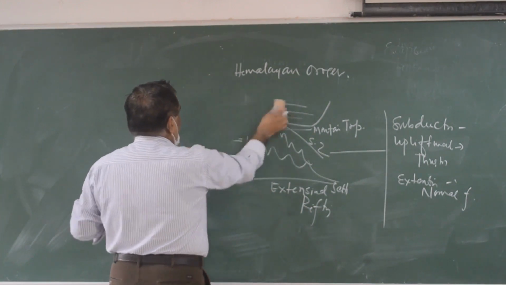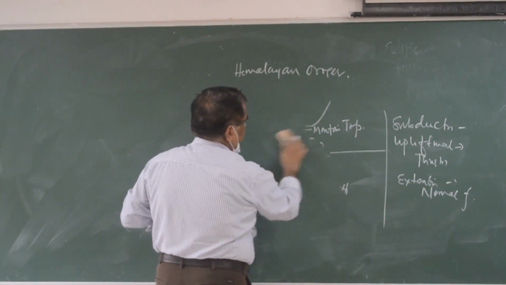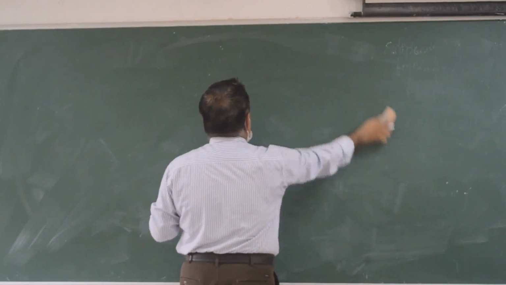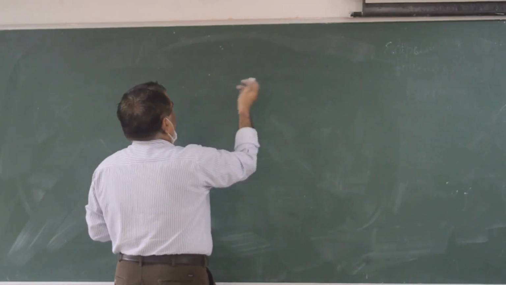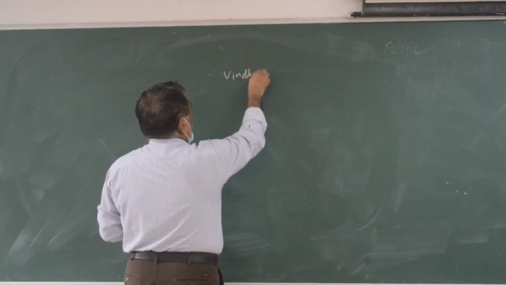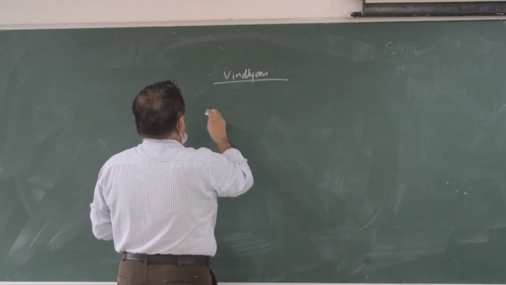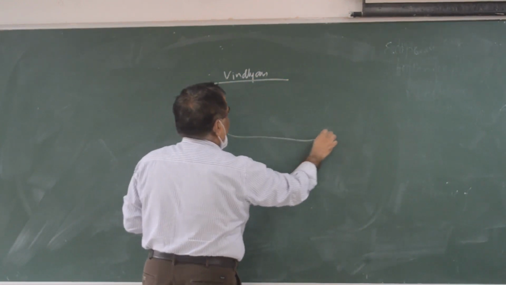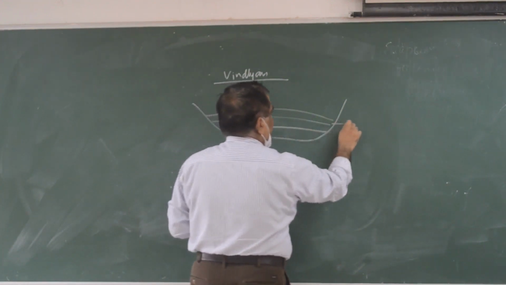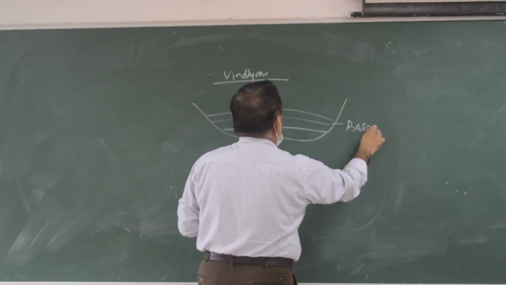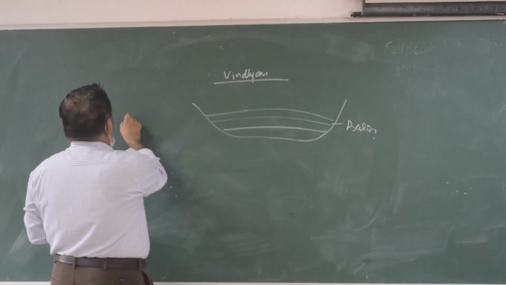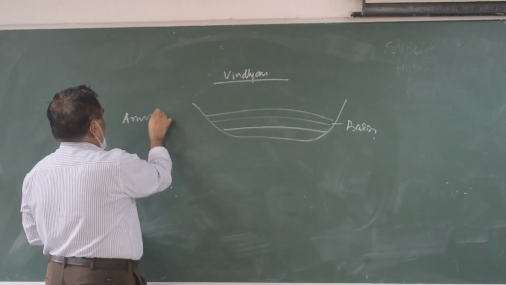But in case of the ensialic basins, like suppose let us say take the case of Vindhyas. Vindhyan sediments are deposited in the basin, the Vindhyan basin. Negative relief feature. But here is your Aravalli craton.